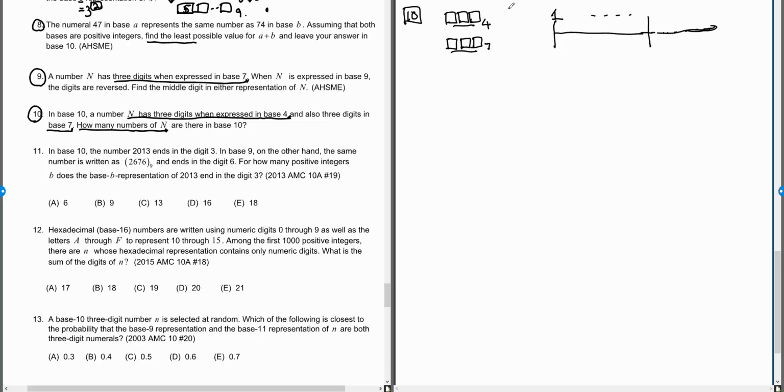So how can you find this? How can you express a 3-digit number? We're going to find all possible 3-digit numbers in base number 4 and change them to base number 10. The smallest 3-digit number is 100 in base 4. The largest is 333 in base number 4, right?